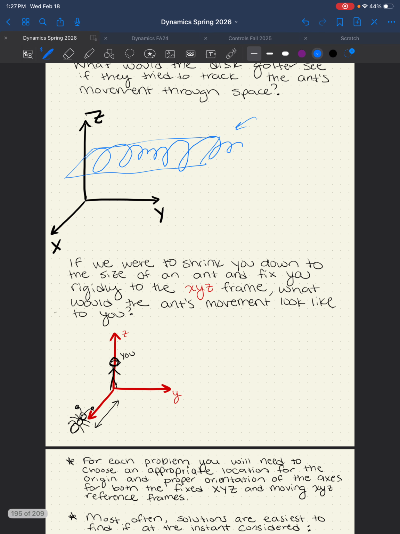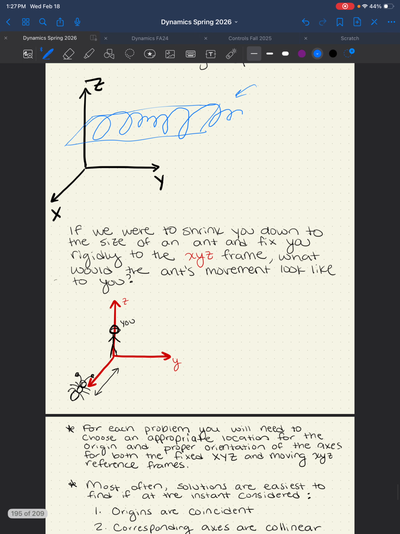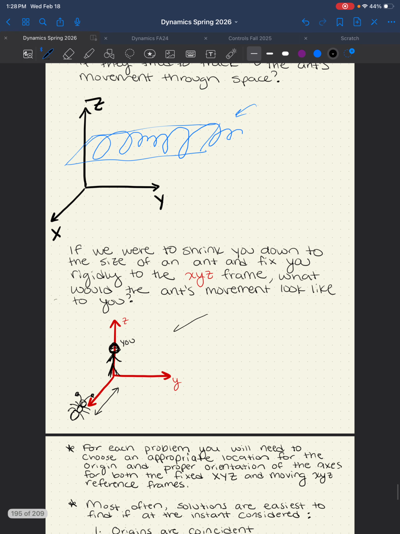However, if you shrink down to the size of an ant, and I place you on the red little XYZ frame, so you're also stuck to the Frisbee, relative to the Frisbee, you just see the ant moving back and forth along the x-axis, which is a very, very simple movement. Okay? And it's this fact that this is a very, very simple movement relative to the moving frame that we're going to exploit with today's equations.